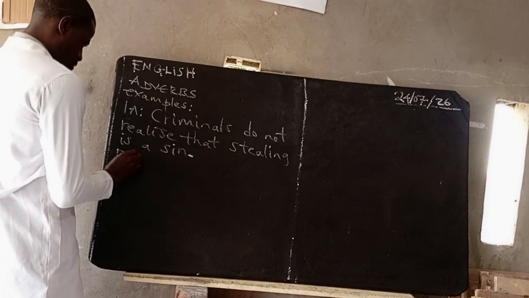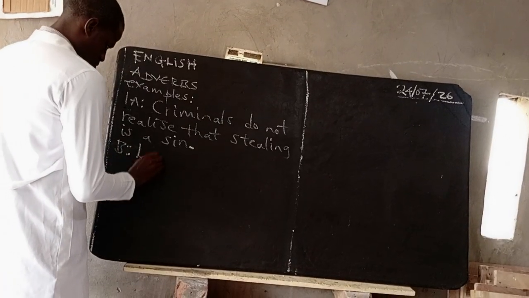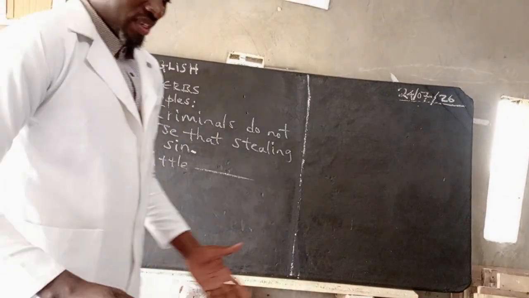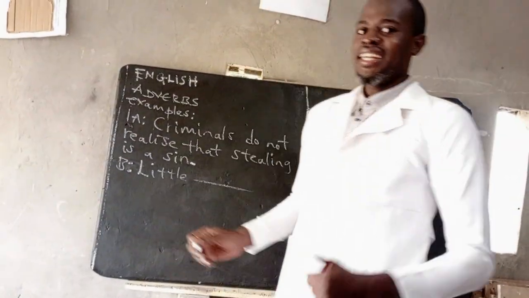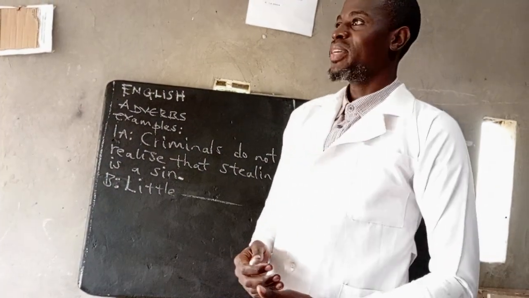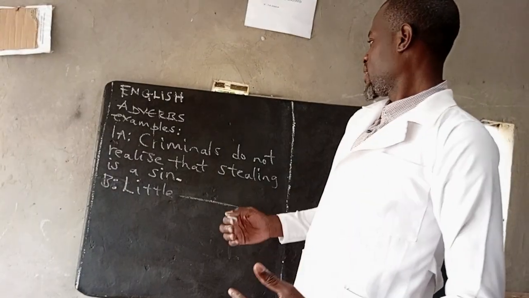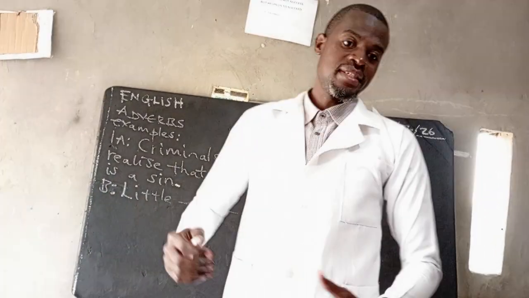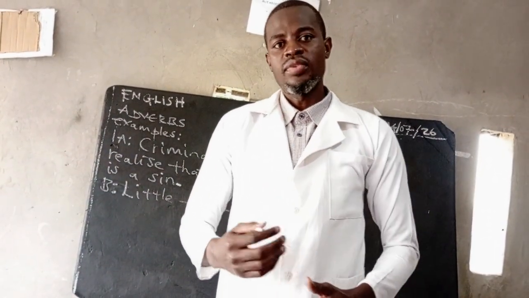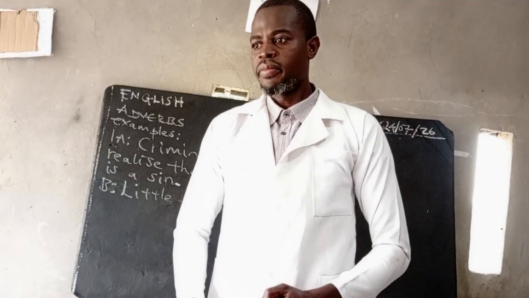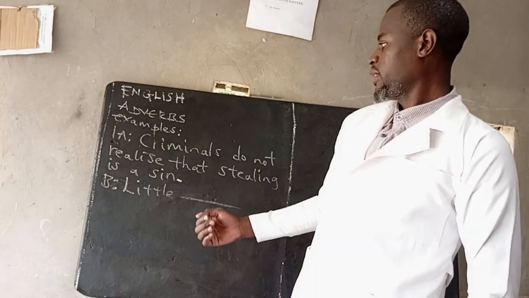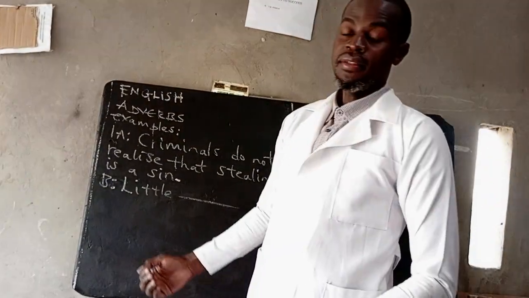Look at this question, guys. For those of you who study and who've been following my videos, you know what I'm talking about. The example says criminals do not realize that stealing is a sin. How can we transform this, starting with little? How can we rewrite this question?